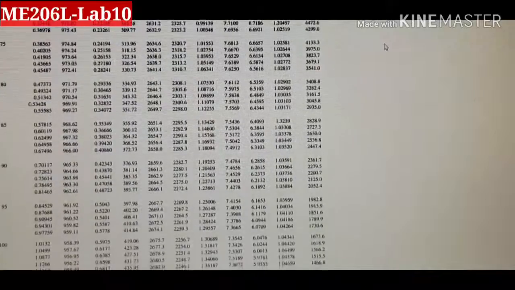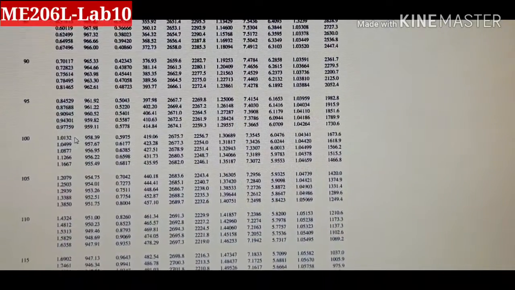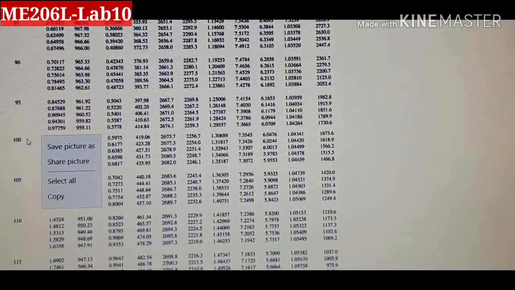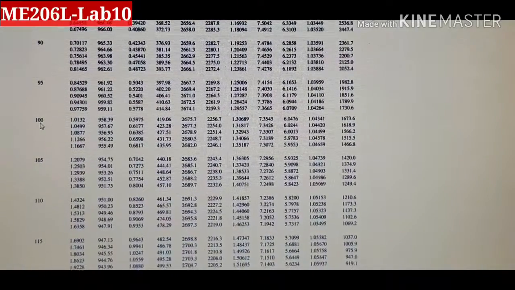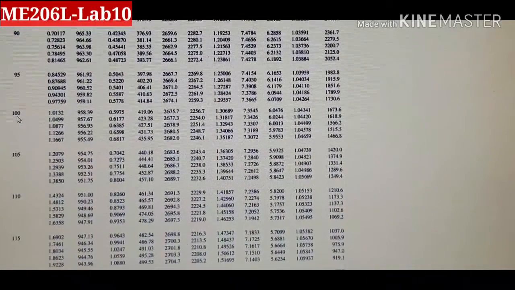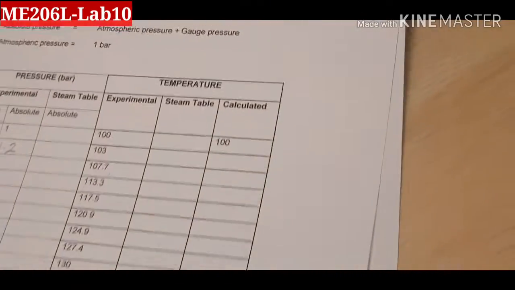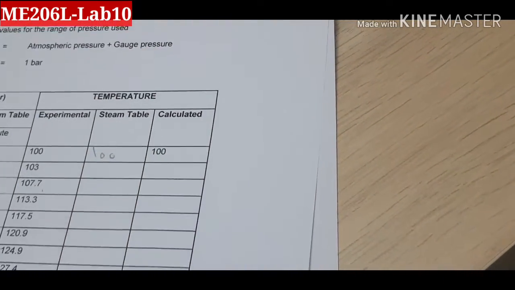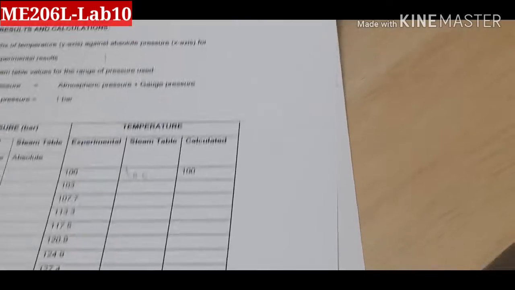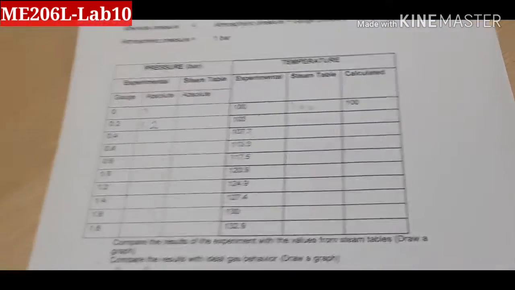So here the first one was 100 Celsius with pressure 1.0132. It's too small, so what we have to do here is just write 100. So the temperature was 100, and the absolute pressure was 1.